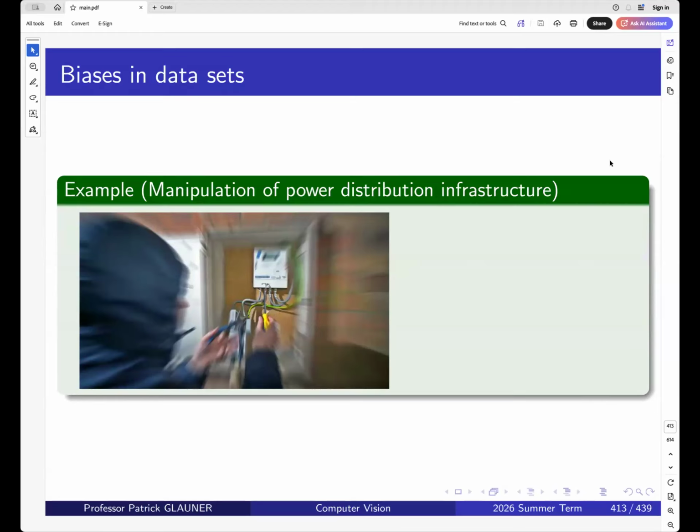So in my PhD thesis, I worked on the detection of electricity theft. Electricity theft is an issue all over the world, in particular in emerging markets. If you look into countries like India, Brazil, Nigeria, Pakistan, in some of these countries, up to 40% of the electricity distributed gets stolen.